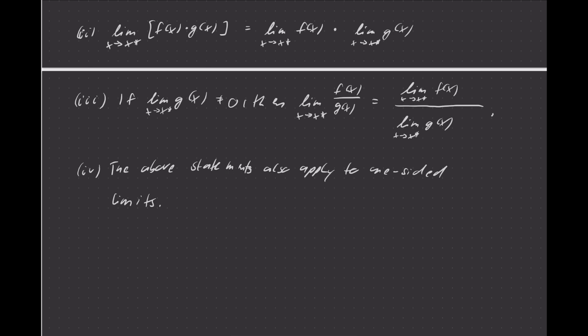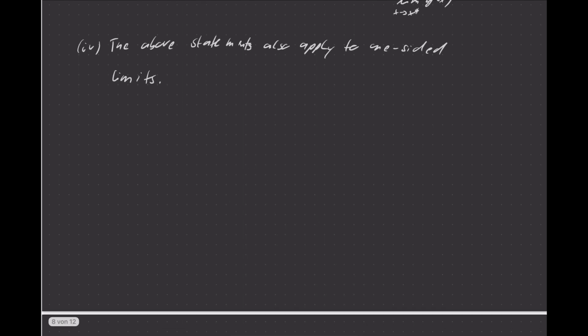And finally, let's talk about something that is referred to as the sandwich theorem. That also exists for function limits. So that's our last theorem for this section here. Again, the setup is as usual.